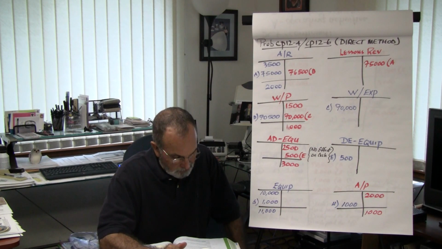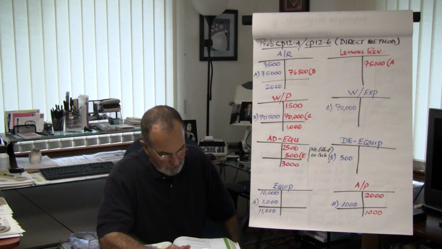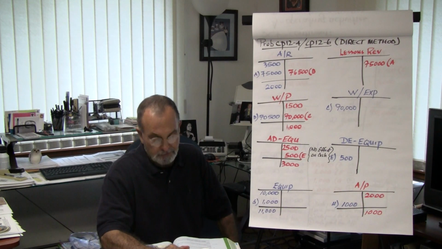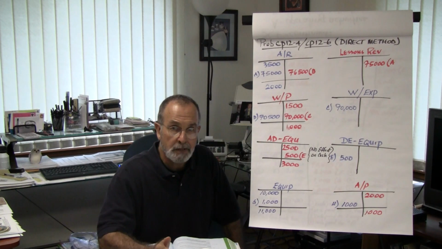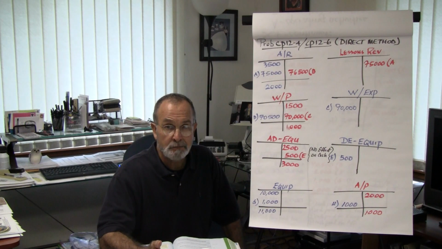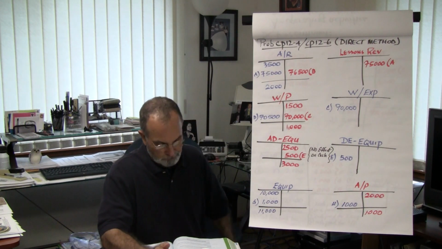And then in CP12-6 we're being asked to prepare the statement of cash flows using the direct method with the information that is presented in problem CP12-4.